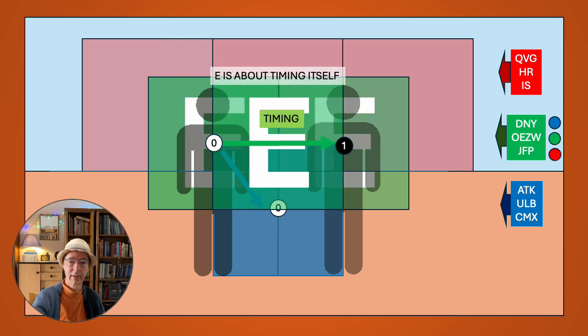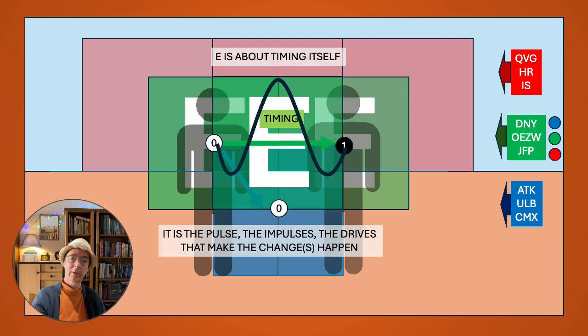The next letter will be about the timing itself. Timing is of course from left to right in our logic, but the vertical position is also important. So it is about the timing itself, but also the moment when the timings can happen. With the O, the moments are also shown, but in E, it also happens.